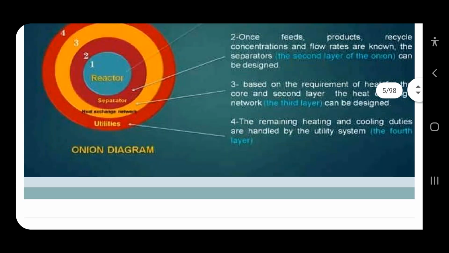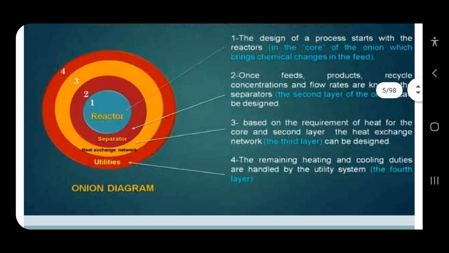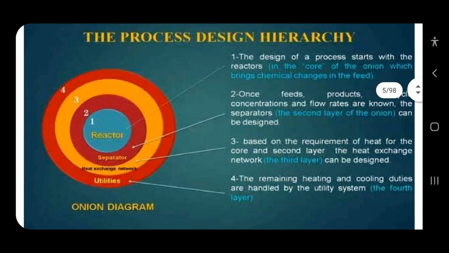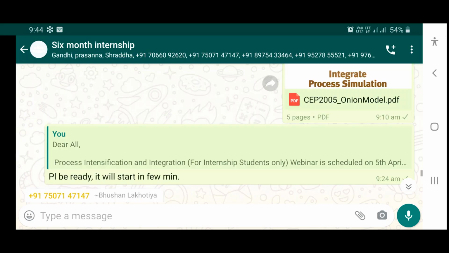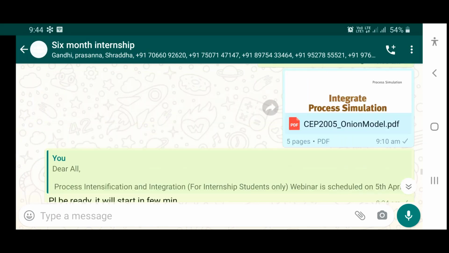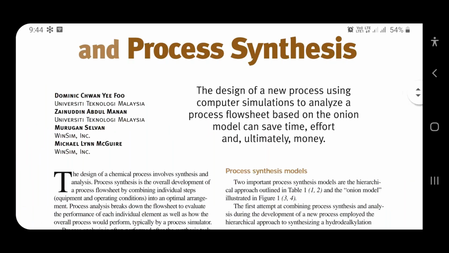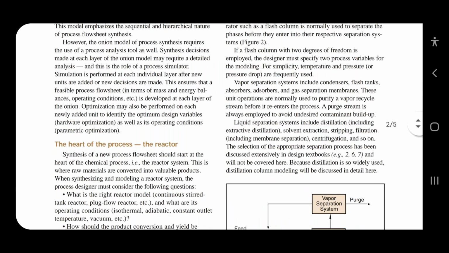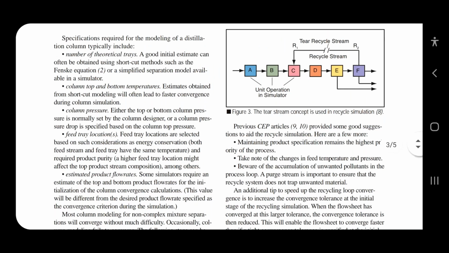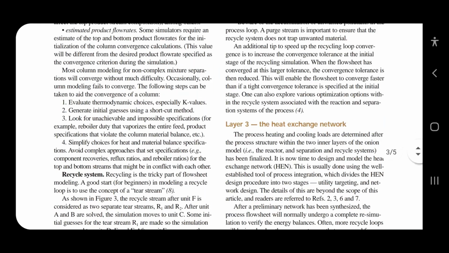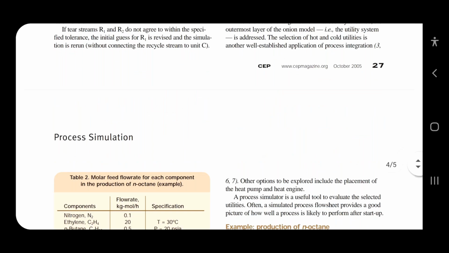So I will give you one example on that. There is one PDF file, production of n-octane. Few more explanations related to the onion model are already given in this paper. You can also see the production of n-octane.